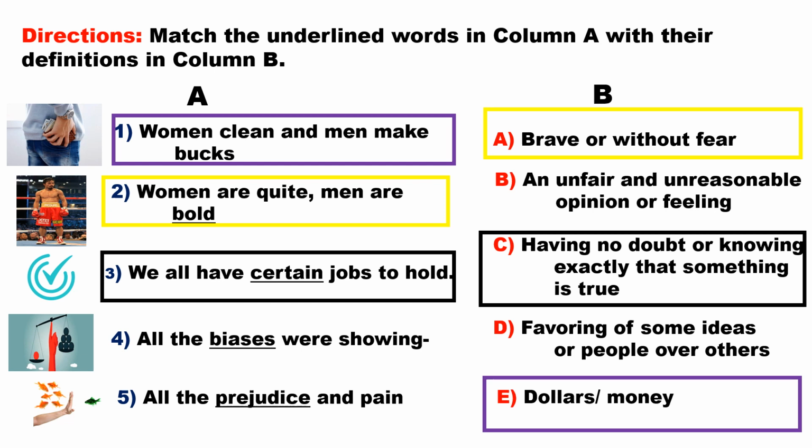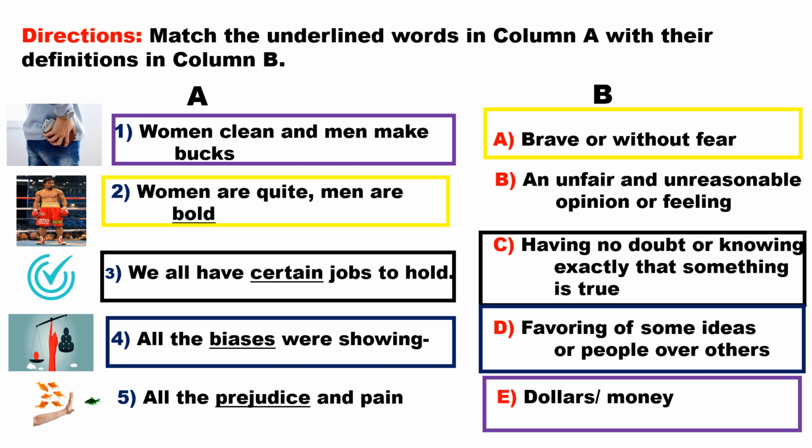Next for number 4. All the biases were showing. What do you mean by biases? The correct answer is letter D. Favoring of some ideas or people over the others. Bias. Next, number 5.